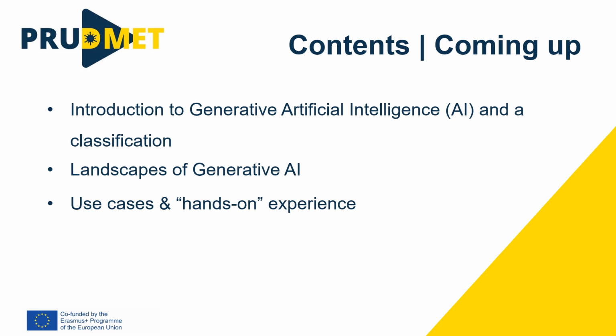Firstly, a map of emerging technologies, including introduction to generative artificial intelligence, the so-called AI, and the classification. Secondly, landscapes of generative AI, and thirdly, the use cases. The cherry on the top of the cake is the hands-on experience.